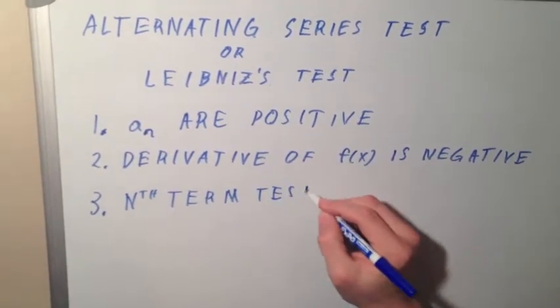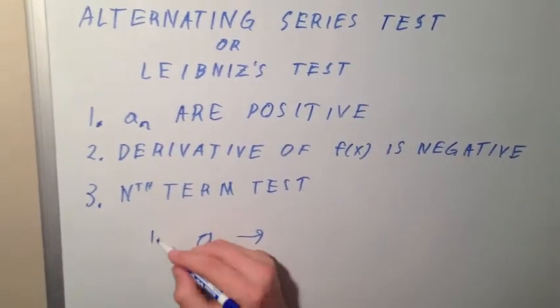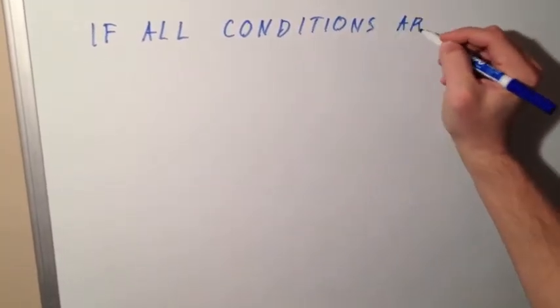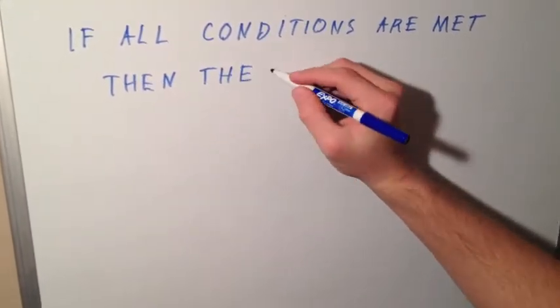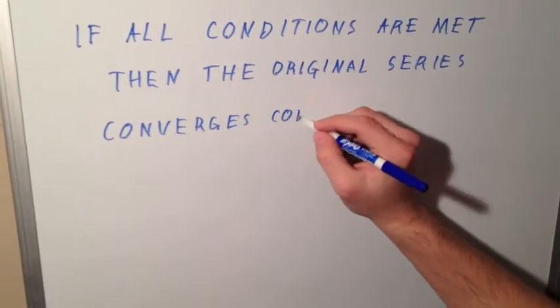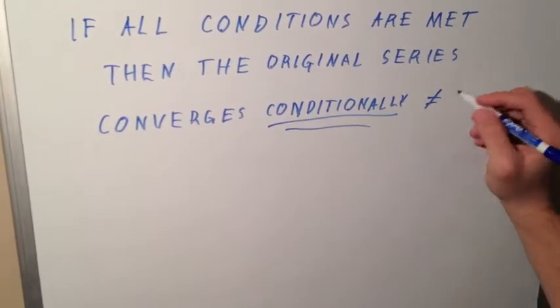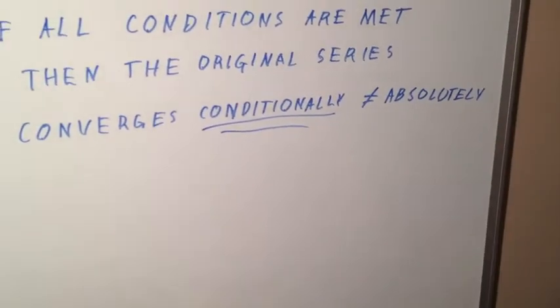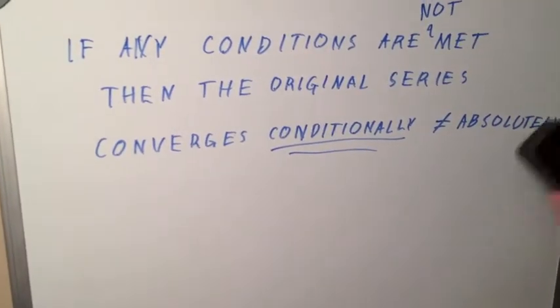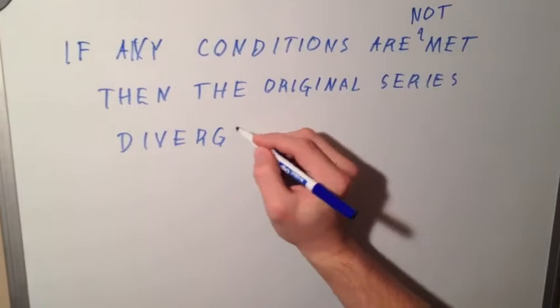For this condition to be met, the limit as n goes to infinity of what's in our summation must be 0. If all of these conditions are met, we say that the original with the negative 1 to the nth power converges conditionally, which is not to be confused with converging absolutely. Now, if any of the conditions are not met, we say that the original diverges completely.